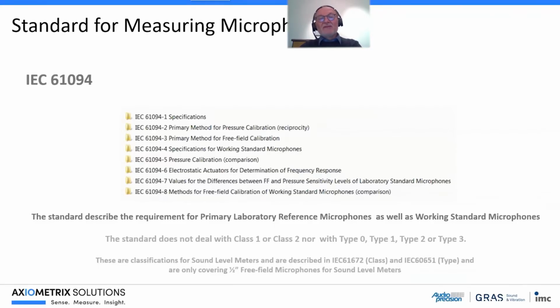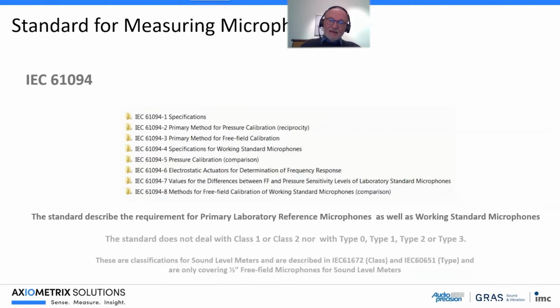We have to inform you that it's only half-inch free-field microphones for sound level meters, and if you are in the US, it's also random incidence according to the ANSI standards that are described by classifications or types.